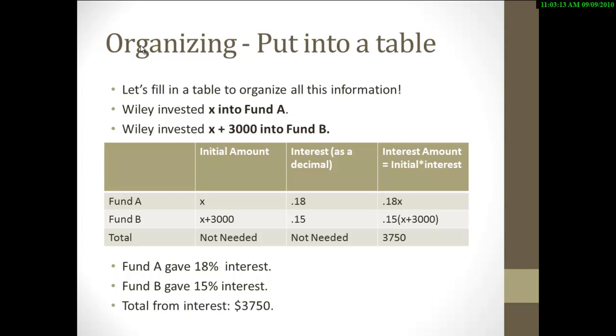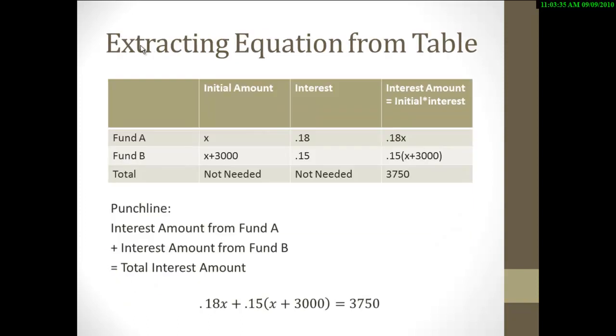Right, and now we can take a second to look back and reflect at our table, see how everything's organized now, so that we're going to be able to use the relationships that we understand to extract an equation and be able to solve for x. Because it's so nicely organized, it's going to make this much easier to extract an equation with very little effort.